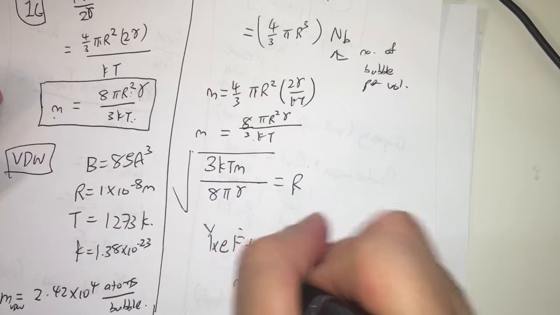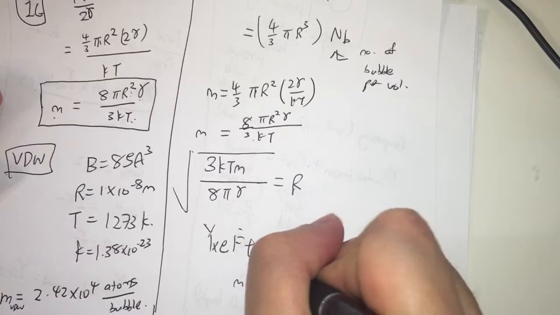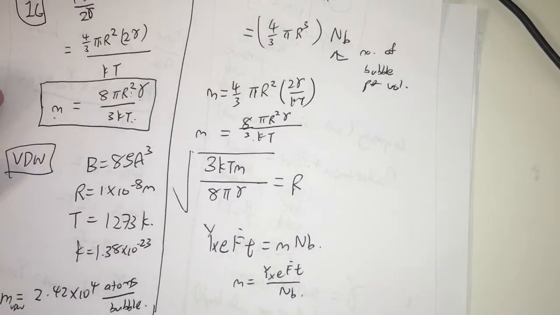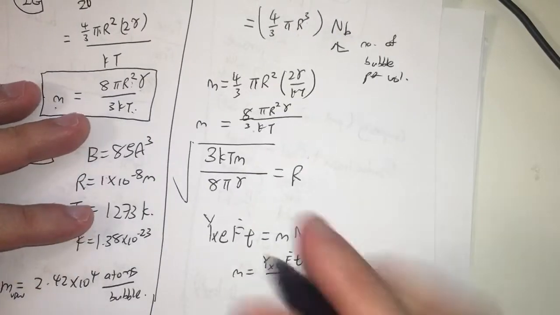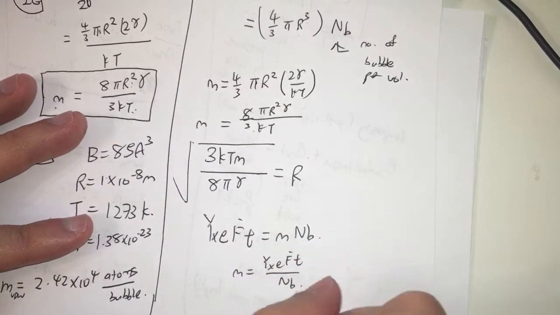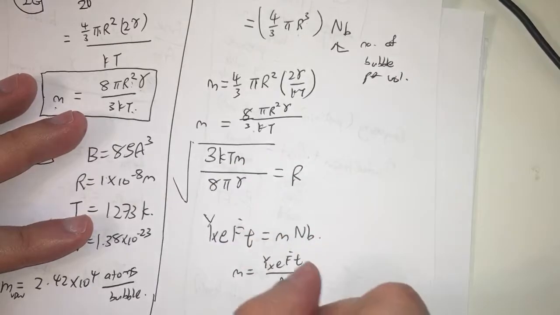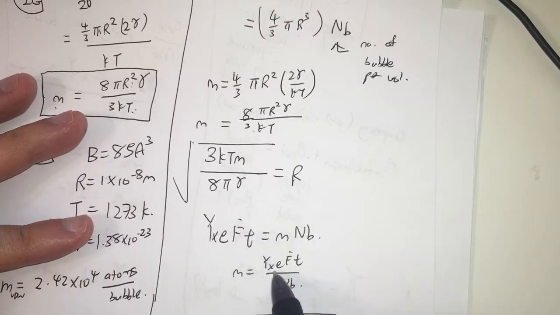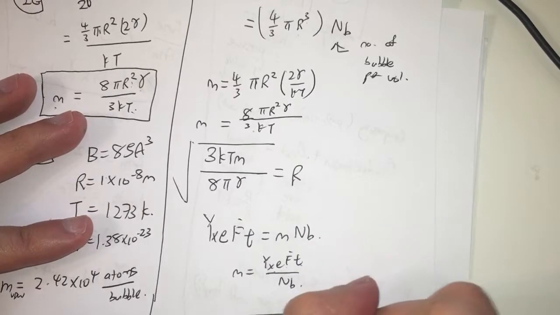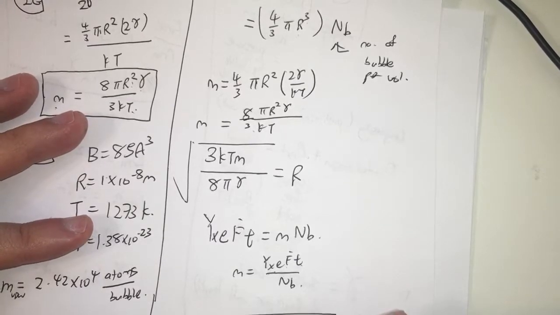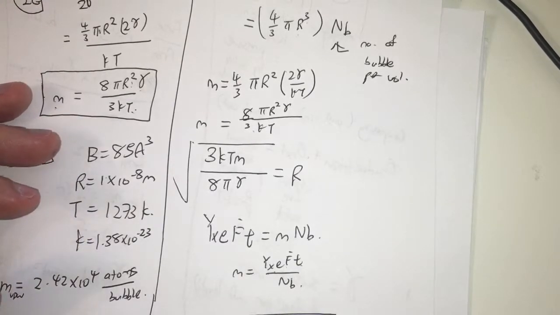So m equals Y_Xe over the bubble number density. So in effect, r equals the square root of 3kT over 8 pi gamma. So m will have Y_Xe, F and t on top, and bubble number density at the bottom.